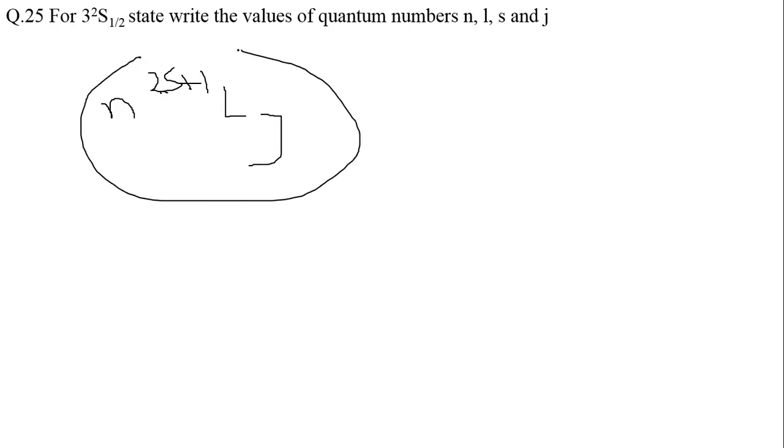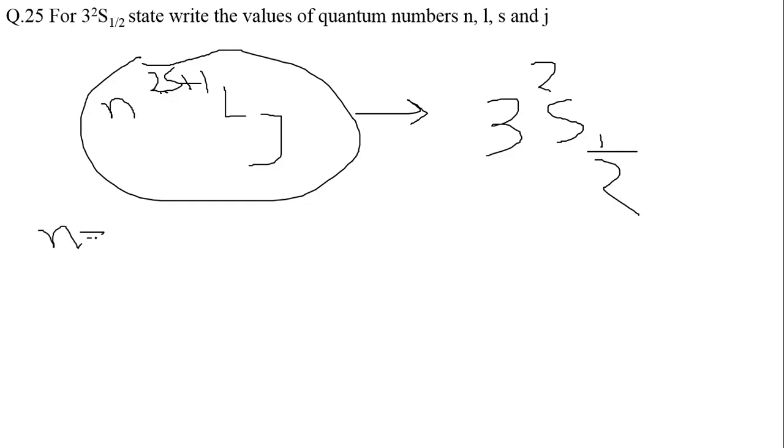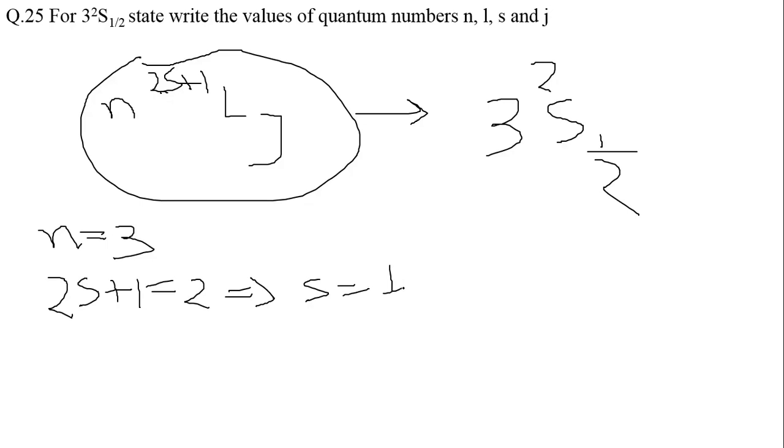Here the state is 3 2S half. So when we compare all these, we can easily tell that n equals 3 here, and in the case of 2S1 we have 2, so 2s plus 1 equals 2, which gives s equals half.